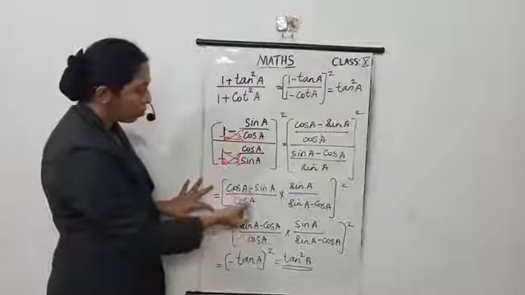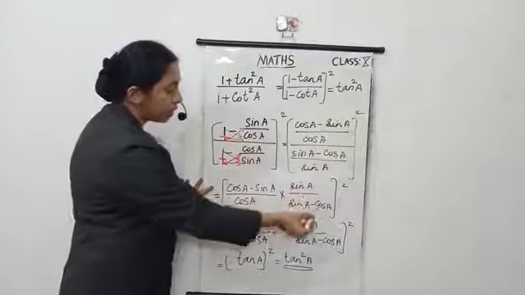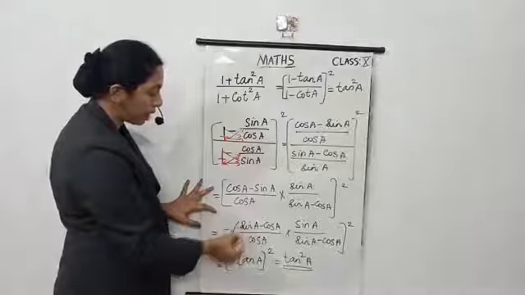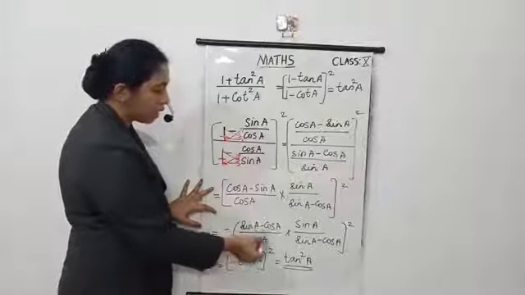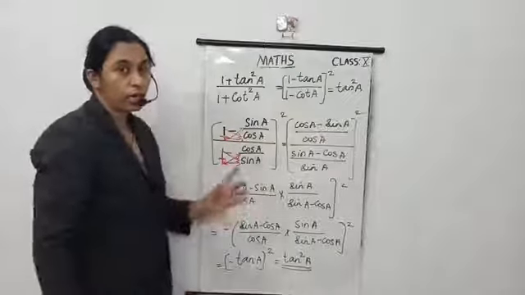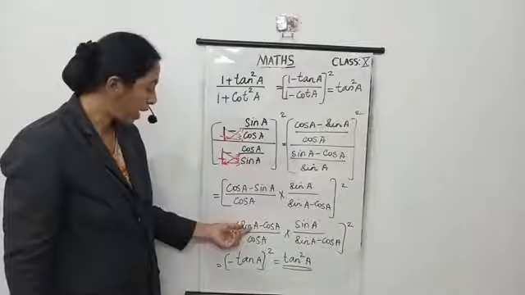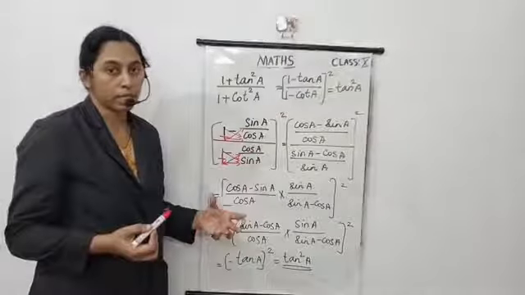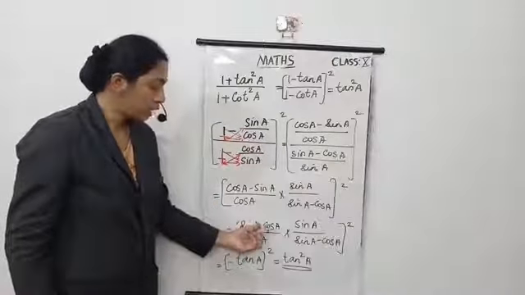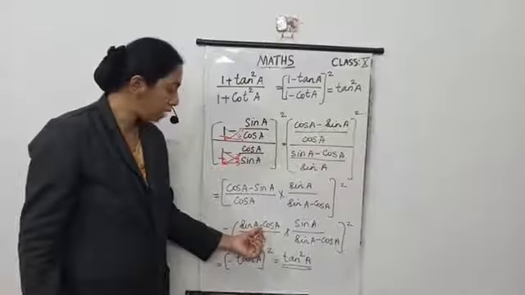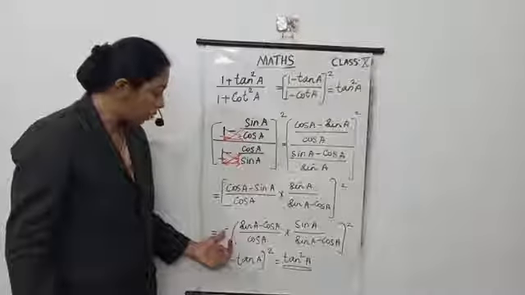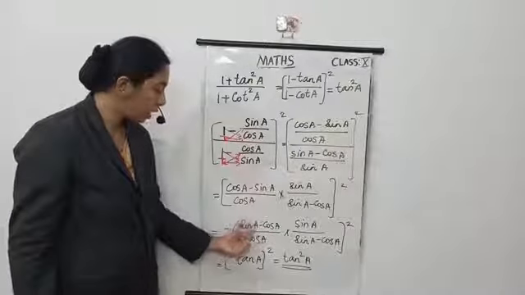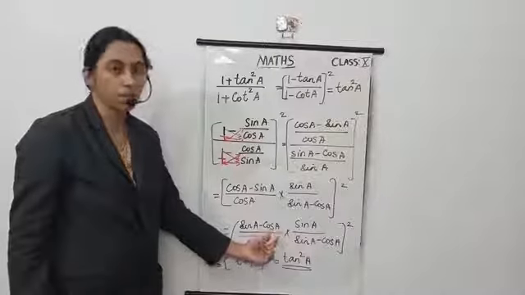Now here consider cos A minus sin A. Here sin A minus cos A. So we take a minus outside from here and write this like sin A minus cos A. In previous question I already told why take minus here, because here minus, if plus then we can replace these terms, no problem, but here minus, then we take minus outside and replace this. Okay, so here cos A minus sin A, so take a minus outside, this is sin A minus cos A.